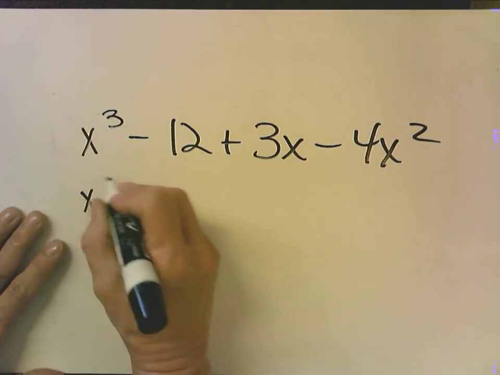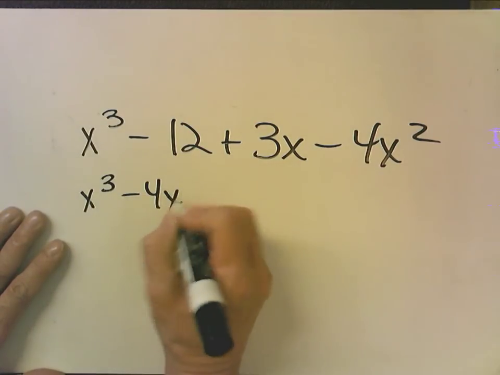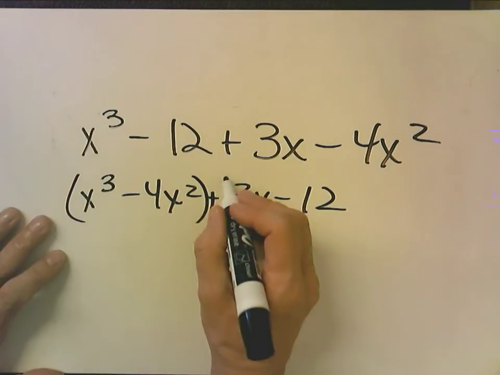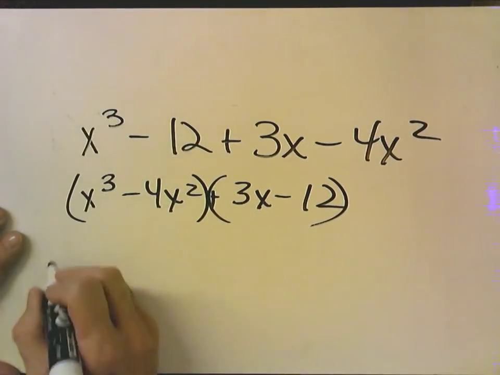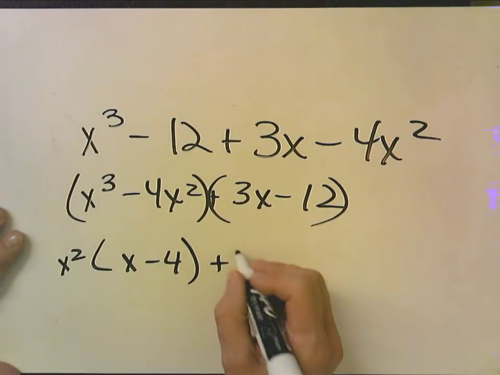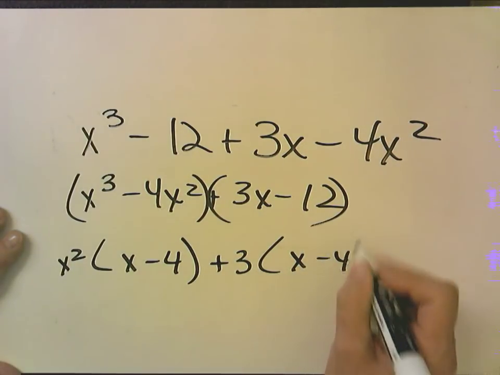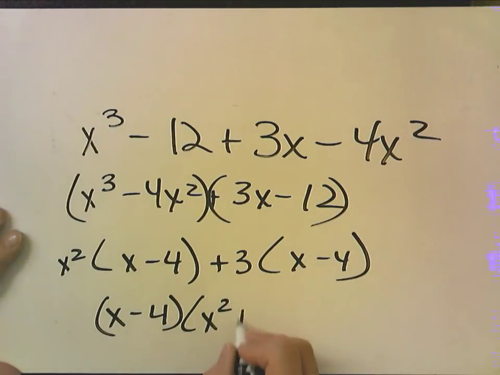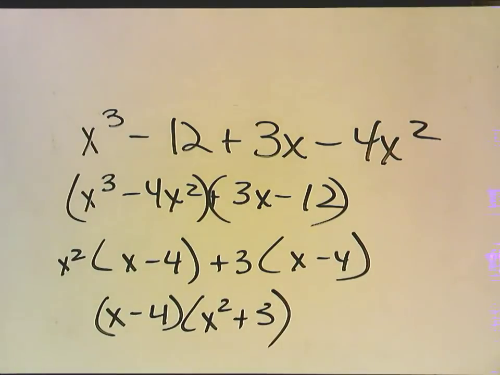So that's what I'm going to do. x cubed minus 4x squared plus 3x minus 12. And once it's in descending order, it will work. I can factor this. I get (x - 4) plus 3 (x - 4), and I'm left with (x - 4) times (x squared + 3). So a rule of thumb is put them in descending order when you want to factor by grouping.